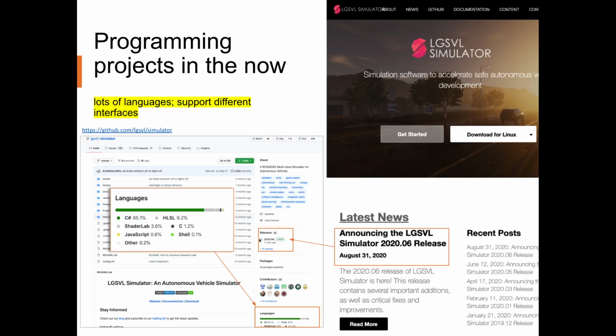So this release, they're open sourced. Even though their website says here's the news, it's released, the code is hosted at a place that publishes code.